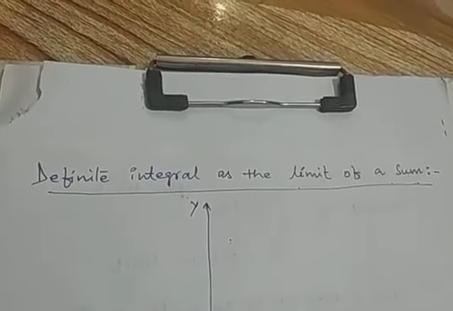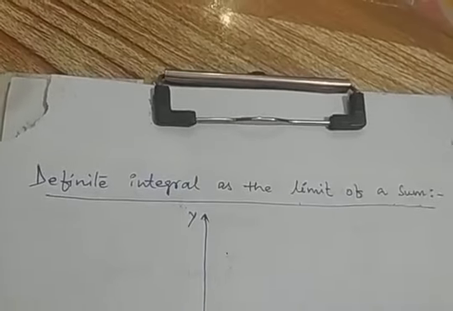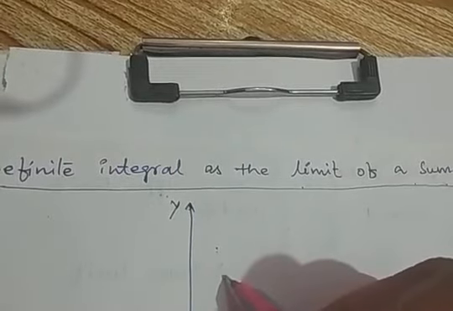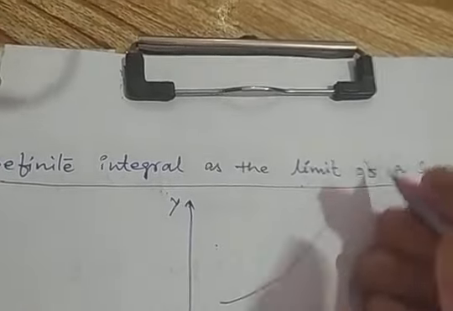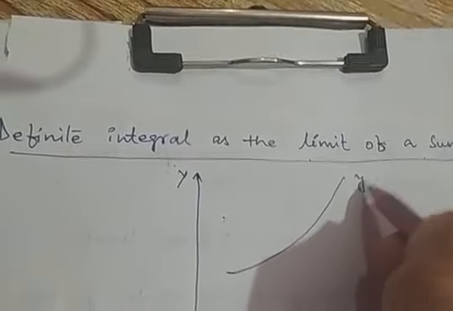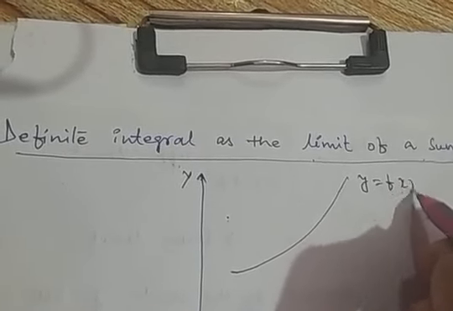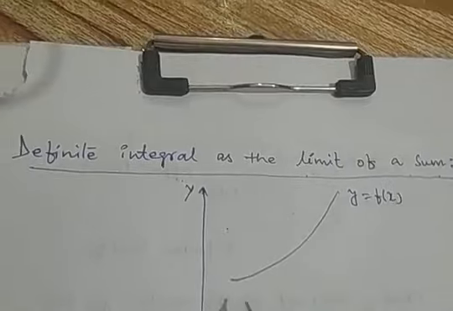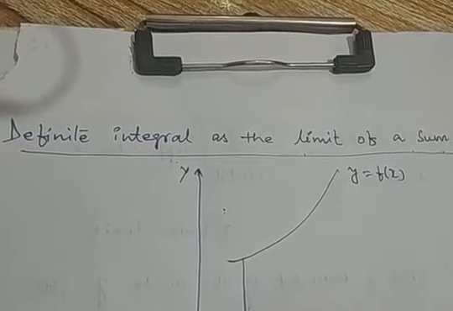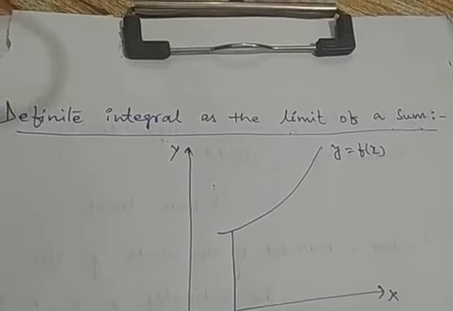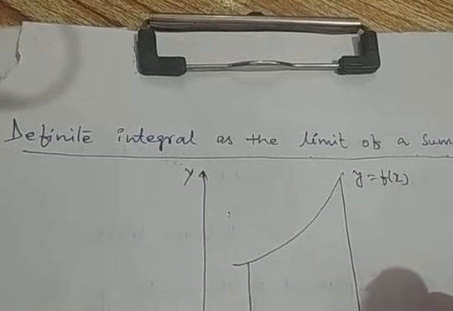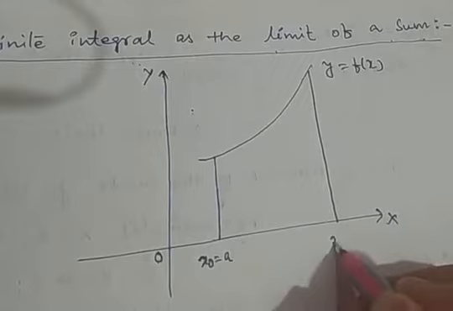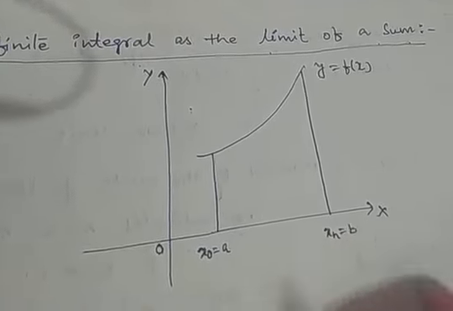Okay, and here is the origin. Let this be the curve y is equal to f(x), and the ordinates x naught is equal to a, and here xn is equal to b.